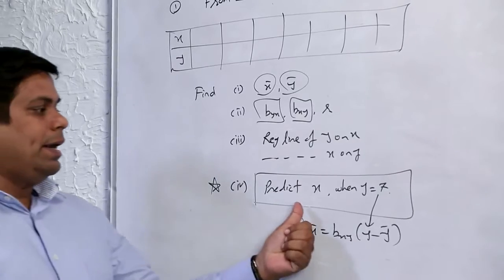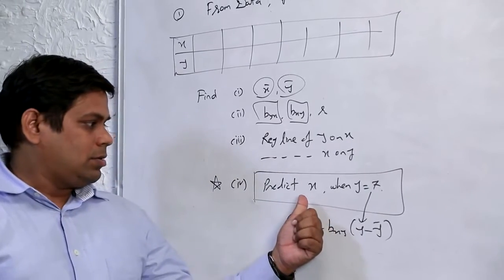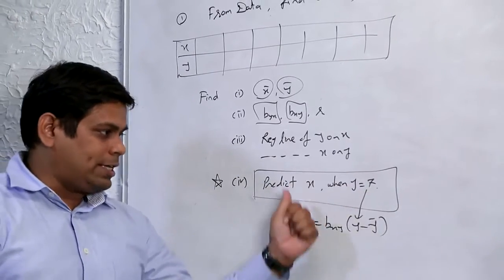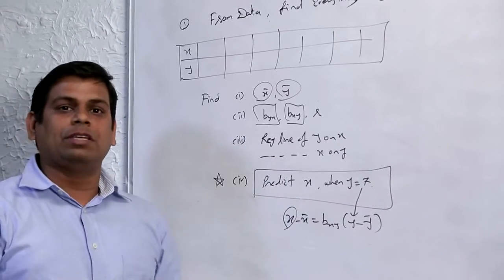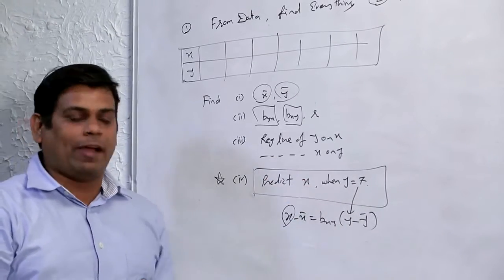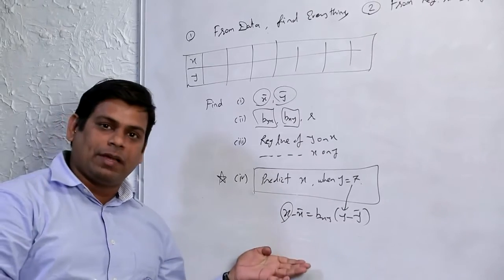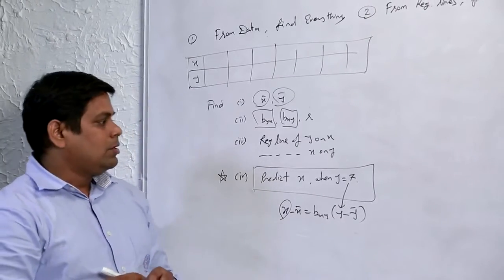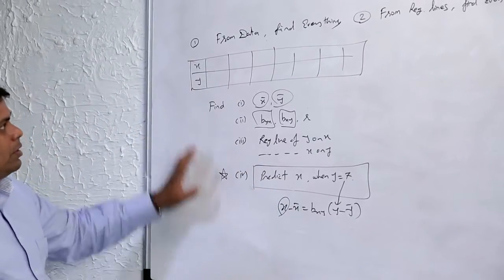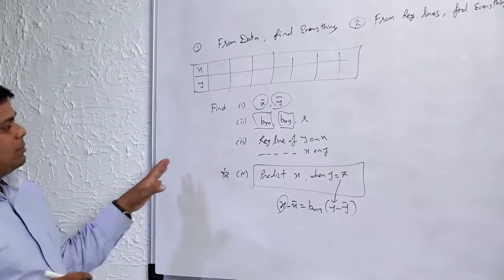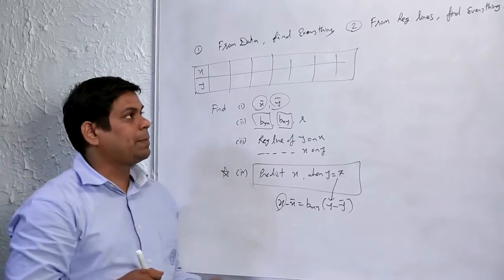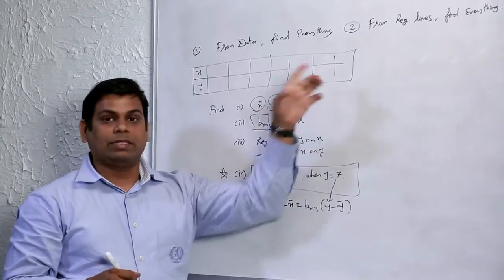Again, to predict x which depends on y, you find the regression line of x on y, replace y by 7, and whatever value of x you get is the final answer. This is how you are going to do questions of the data type. Very simple. Please practice a few sums of this. We are going to tackle the second type now, which requires a little more concept.